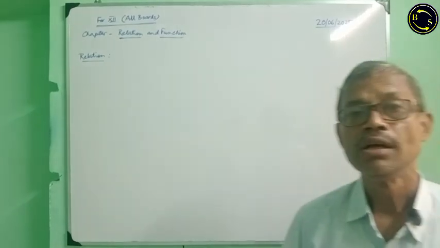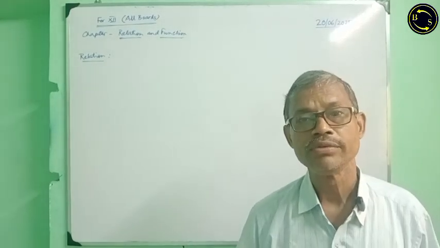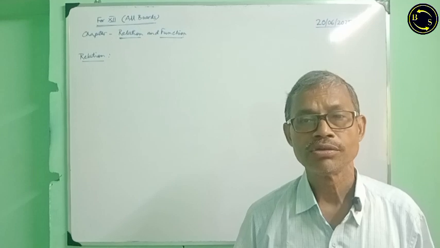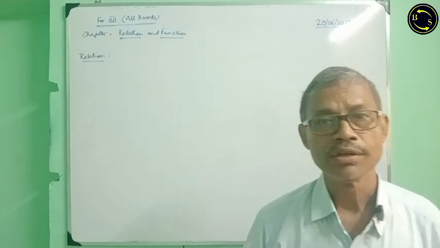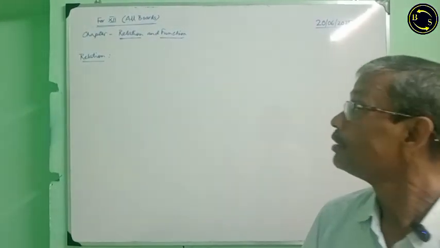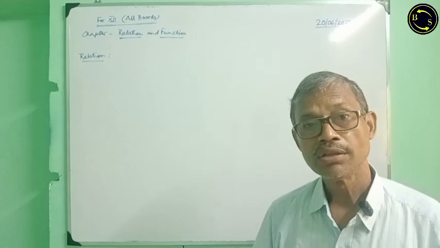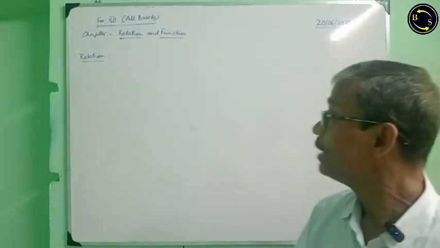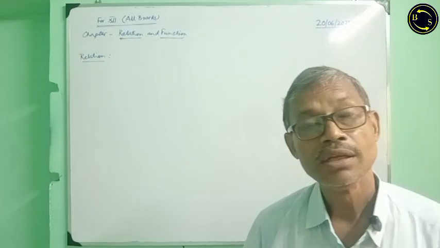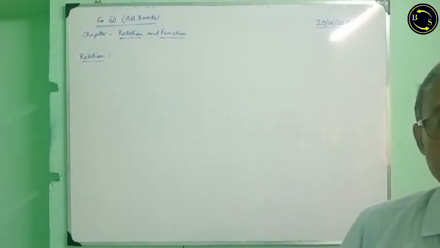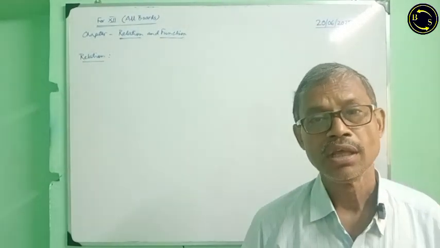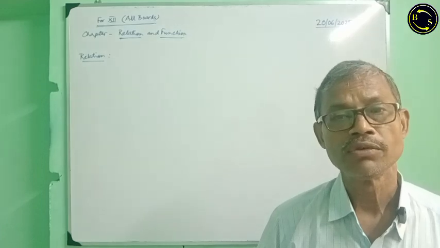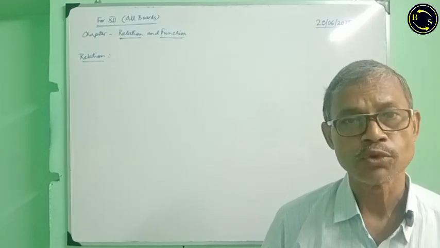Students who are now in class 12 already got relation and function in class 11. Actually, the definition of relation, then relevant terms, domain, range, codomain, etc. were discussed in class 11. Now, the detailed study of relation and function both.